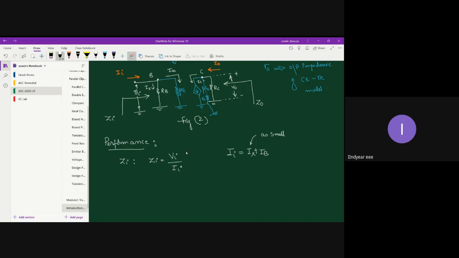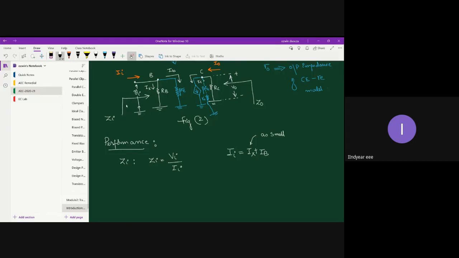Nevertheless, that's the reason I'm telling you not to apply KVL to find an expression for Vi and Ii. We don't apply KVL over here. Just by the inspection method, we are trying to extract the impedance you are going to get when you look into the network.